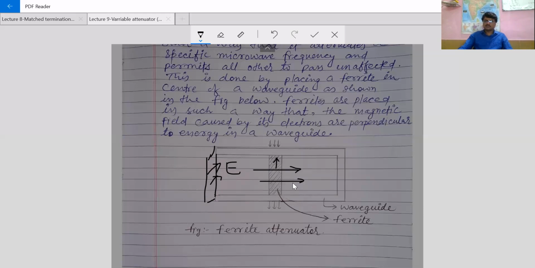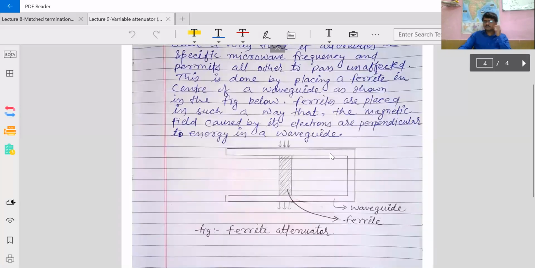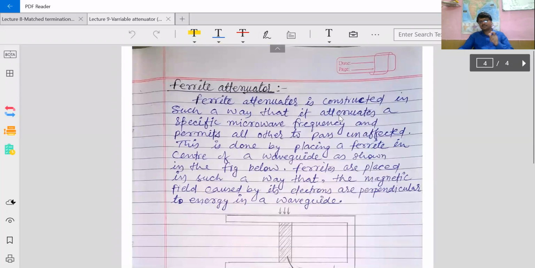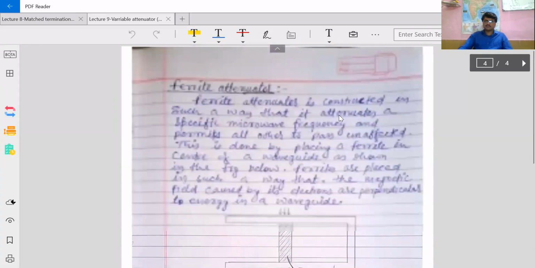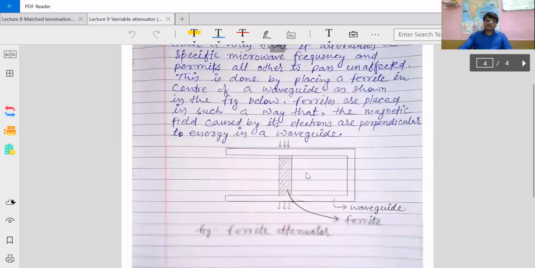Okay, so by doing this, we can achieve that a certain frequency will be attenuated. So this is the construction. This is nothing but the ferrite, and this ferrite will decide which frequency will be stopped.